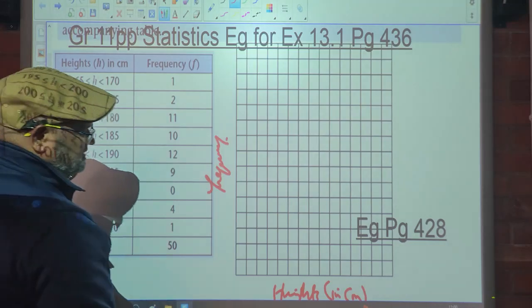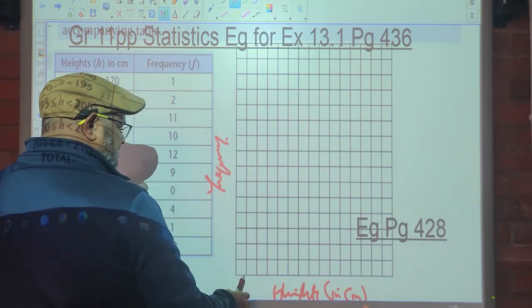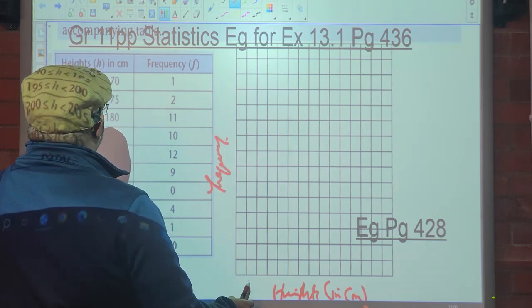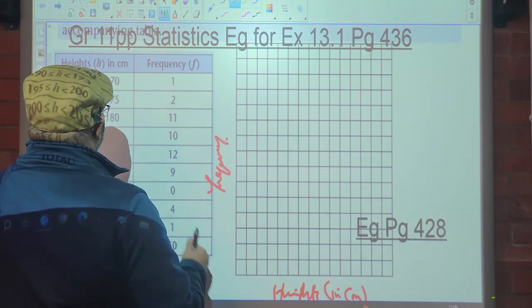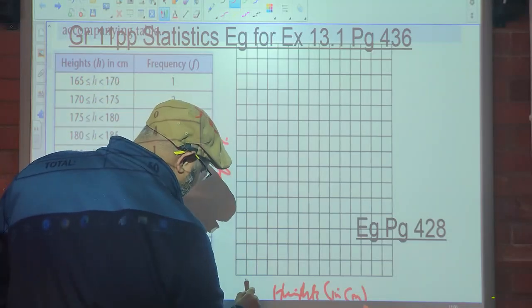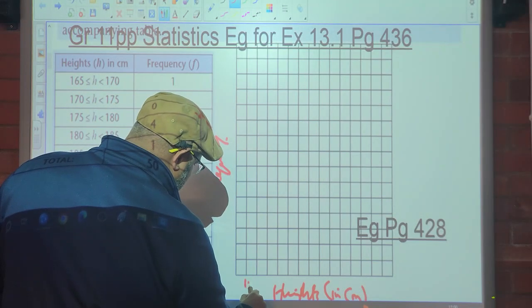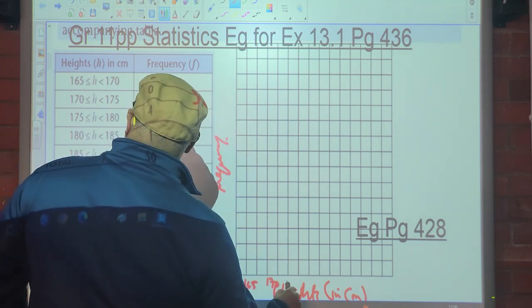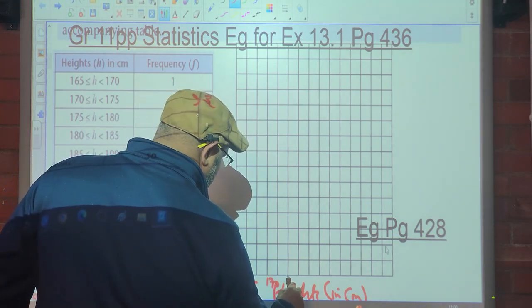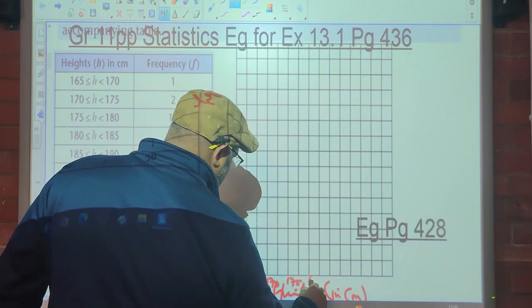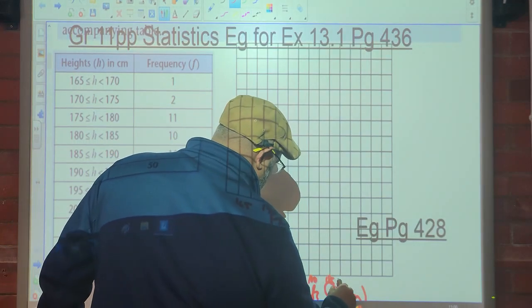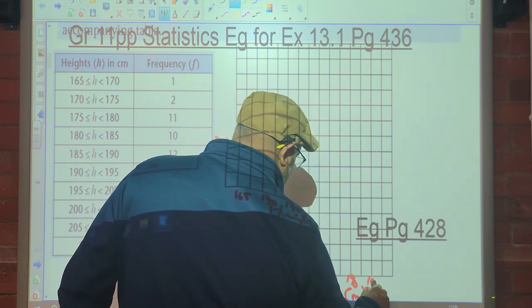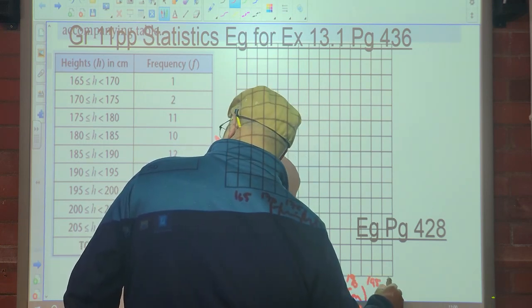So what we're going to do is now put 165, 165 to 170, 175, 180, 185, 190, 195, 200.